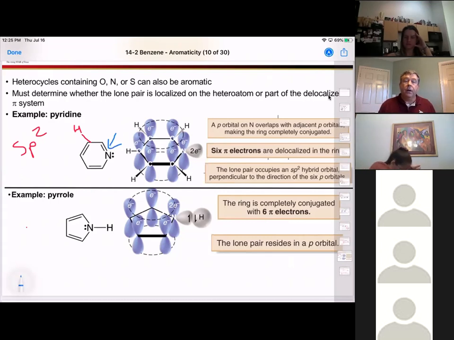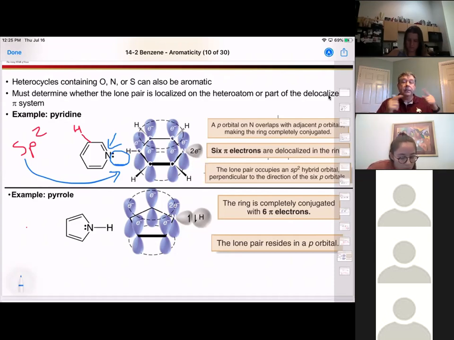That makes the electron pair here be in the sp2 hybridized orbital. So if you see a double bond to a nitrogen, the nitrogen has one of those electrons in that pi bond, and that's where the p orbital is.